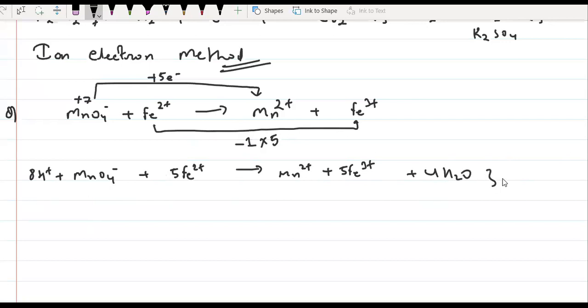This is your balanced reaction. Got it? Don't you think that both are almost the same? Most of you might be confused, so I'll just write: earlier was the ion electron method, and this is the oxidation number method.